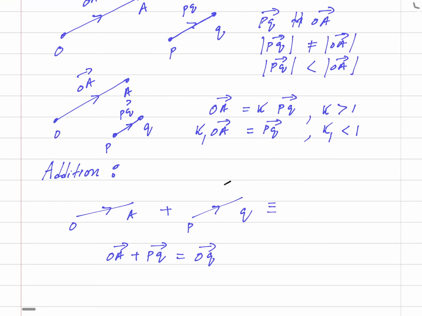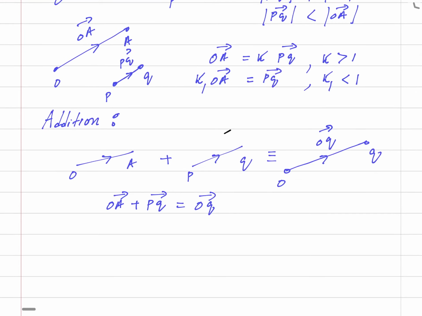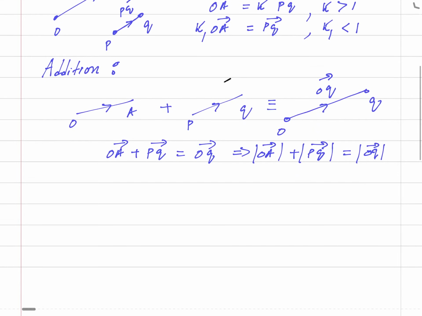So that can be drawn like this. So this is O, this is Q, and this is OQ vector. Now this will tell you that the magnitude of the OA vector plus the magnitude of the PQ vector should be equal to OQ magnitude. So that is the understanding we should have.